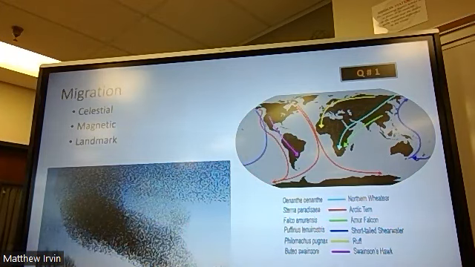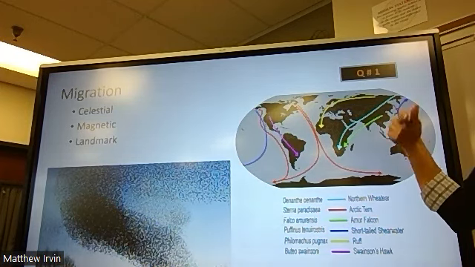Migration is going to increase survival in that organisms will move towards better breeding ground, maybe where there's more food, away from harsh environments. So you have the winter migration of birds away from colder temperatures to warmer temperatures where there's more food. You have organisms migrating to better breeding grounds.